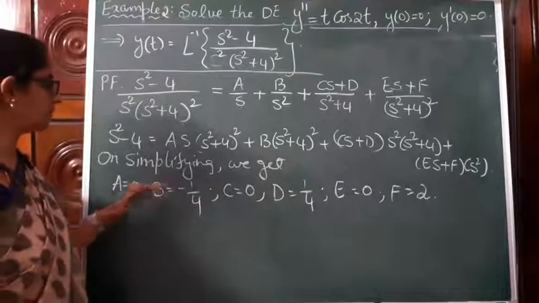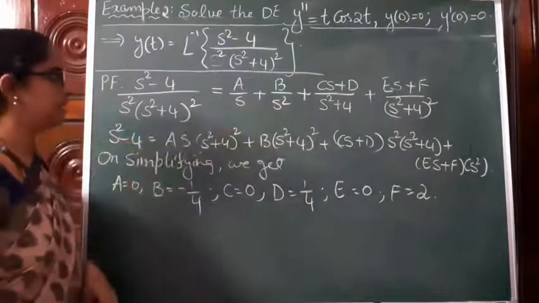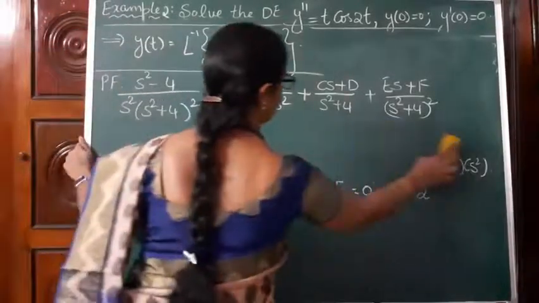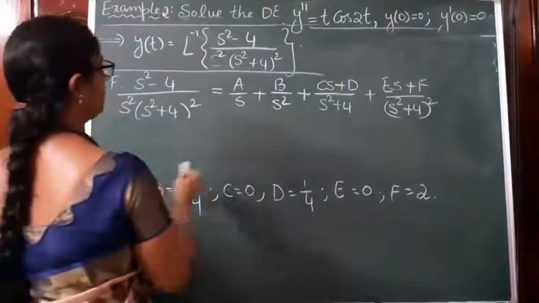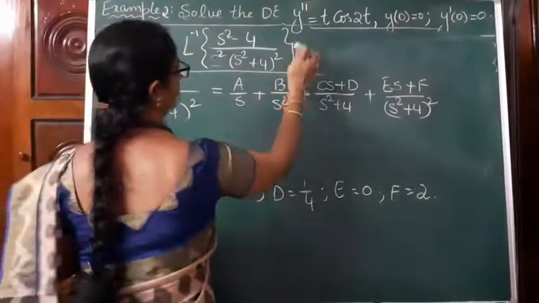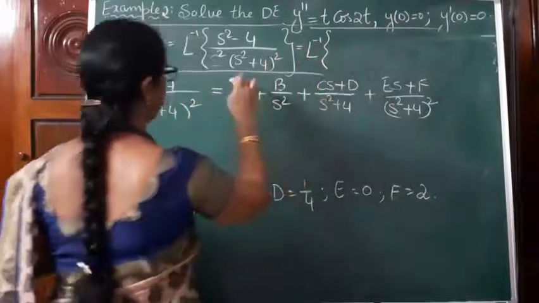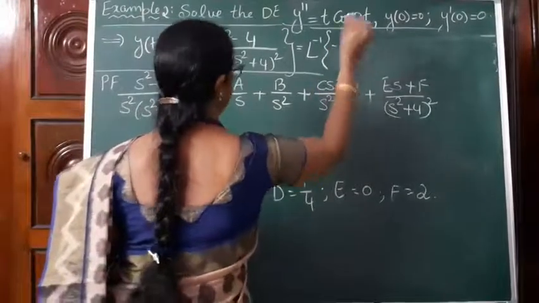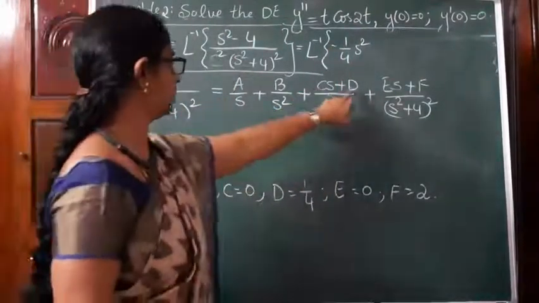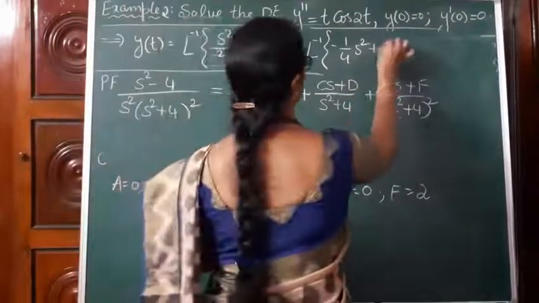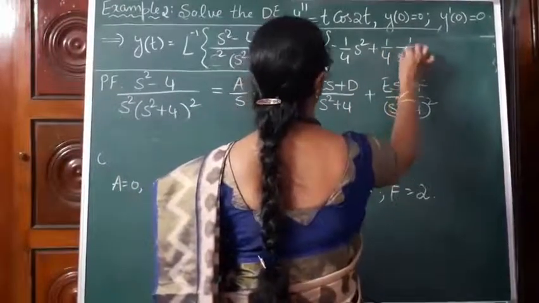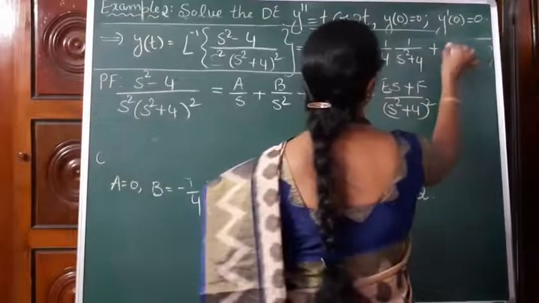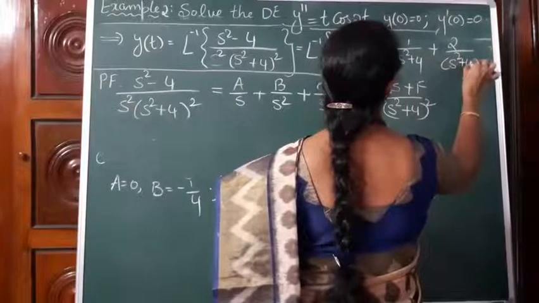So now we substitute the a, b, c, d values there so that the partial fractions become: a by s is 0, that is L inverse of a by s. a is 0, b is −1/4, so −1/4 into 1/s², plus c is 0, d is 1/4, so plus 1/4 into 1/(s² + 4), e is 0, f is 2, so this is 2/(s² + 4)².